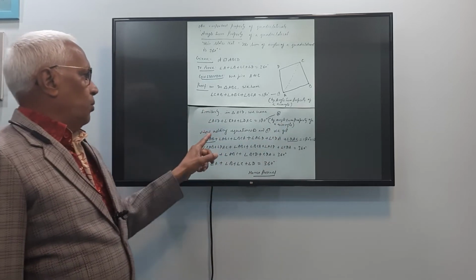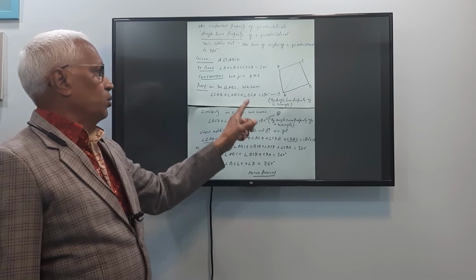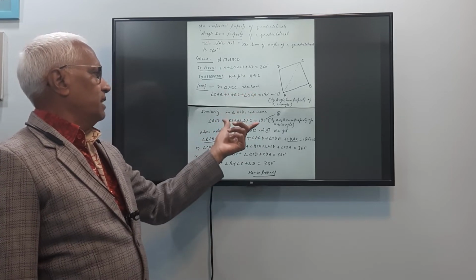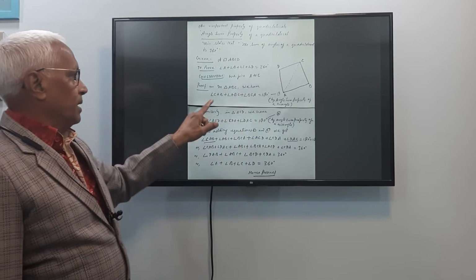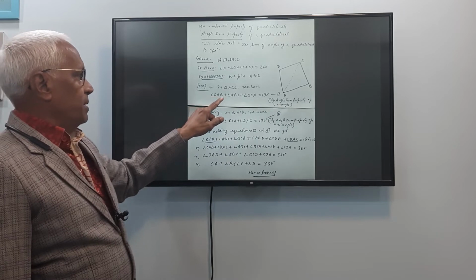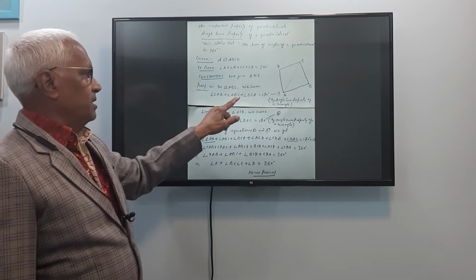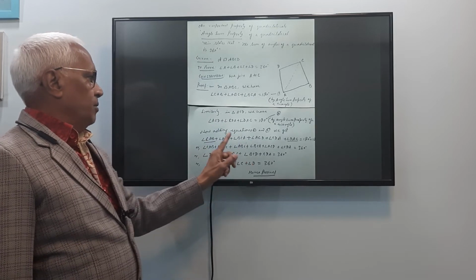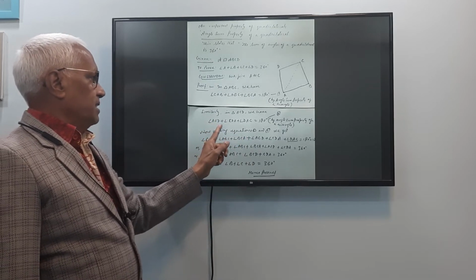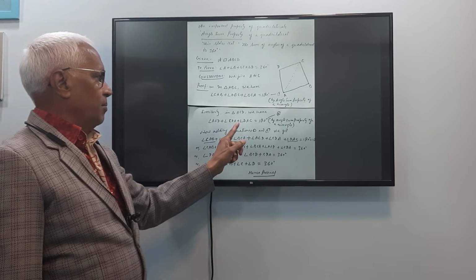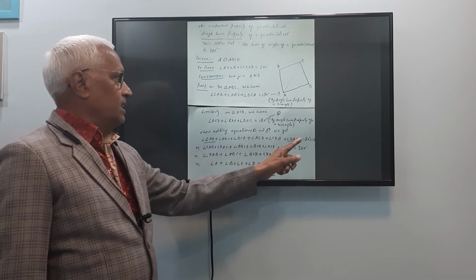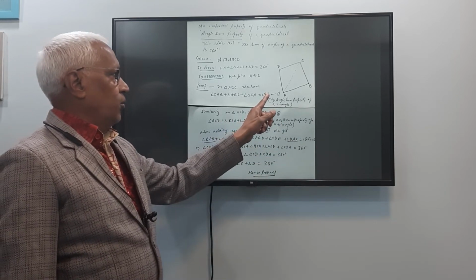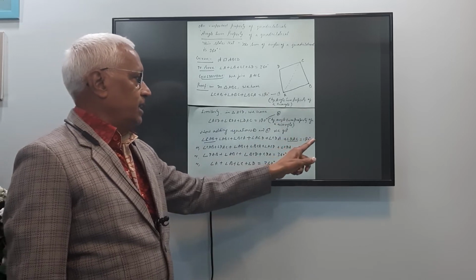Now adding equations 1 and 2, we get angle CAB plus angle ABC plus angle BCA plus angle ACD plus angle CDA plus angle DAC is equal to 180 degrees plus 180 degrees.